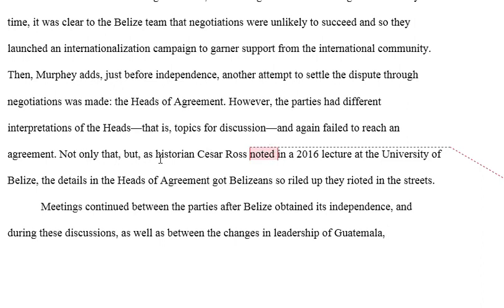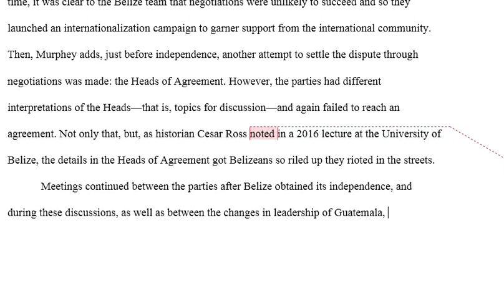As historian Cesar Ross noted in a 2016 lecture at the University of Belize, the attributive verb is in the past here because, as I mentioned earlier, it is a live presentation, and hence the past tense is used rather than the present tense, which is the standard in a lot of academic writing when you're summarizing printed or recorded or published information.